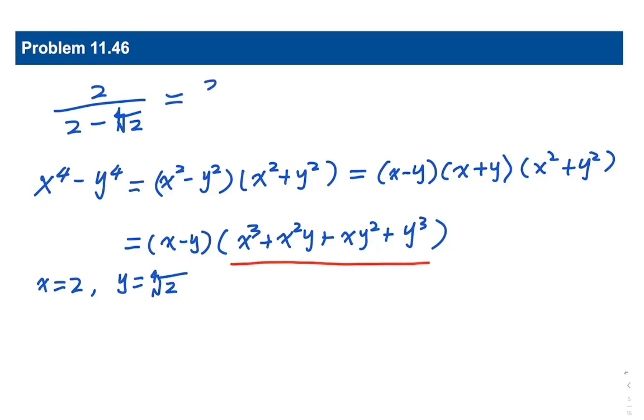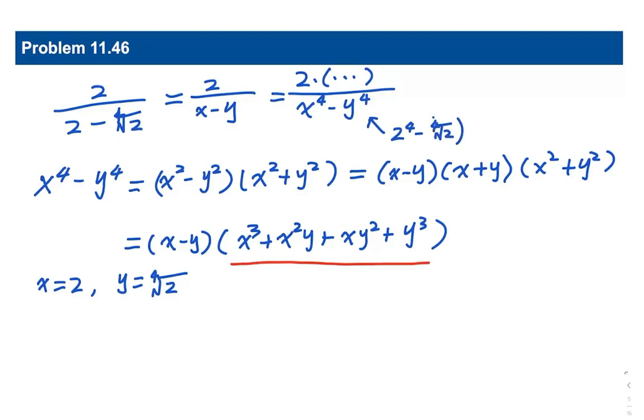This basically is 2 over x minus y. If we multiply this factor, we are going to have x to the power 4 minus y to the power 4. Numerator is 2 times this polynomial. And the denominator will be 2 to the power 4 minus the 4th root of 2 to the power 4, which is 16 minus 2, which is 14, which is an integer, a rational number.